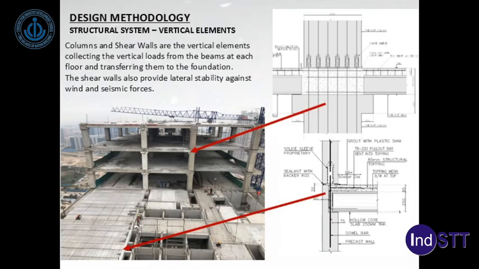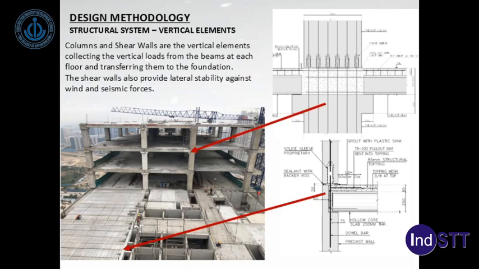So next, coming to the vertical elements, the columns and shear walls are collecting the vertical loads from the beams at each floor and transfer them to the foundation. The columns mainly collect the gravity load, and the shear walls also provide lateral stability against wind and seismic forces.